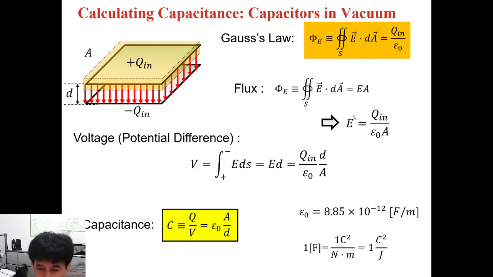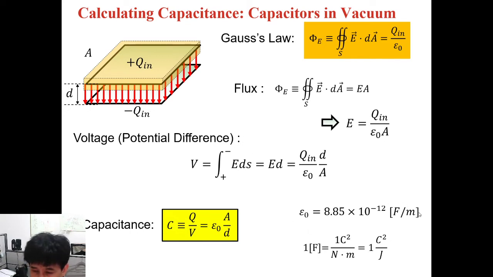And as we have electric field Q over epsilon 0 A, then we have voltage equal to Q over epsilon 0 times D over A. As the capacitance of a capacitor is defined as Q over V, we have V already obtained here, and if we take the inverse of this multiplied with Q, then Q cancels out, and we have epsilon 0 A over D is the capacitance of this device.